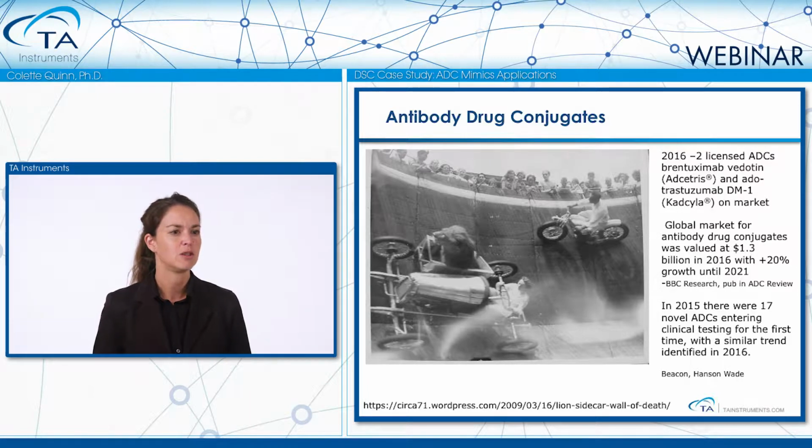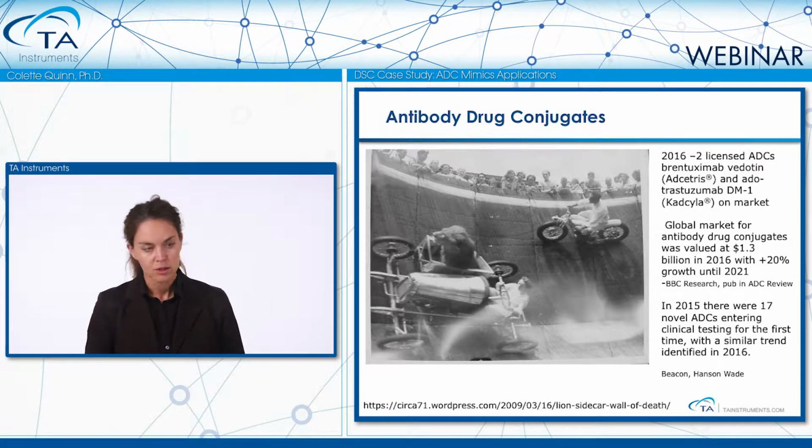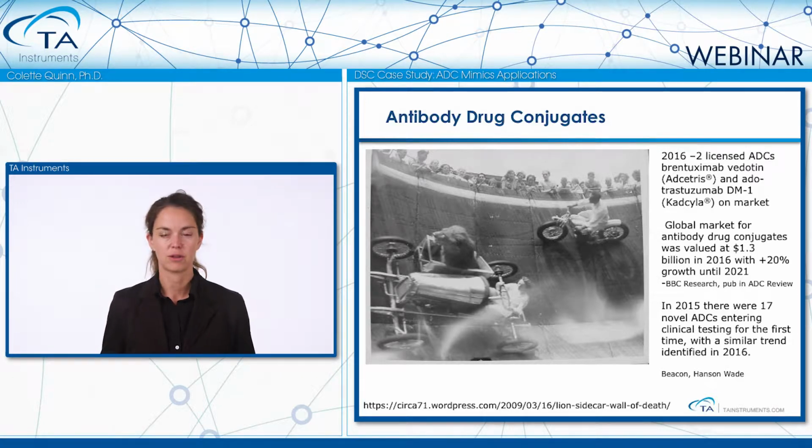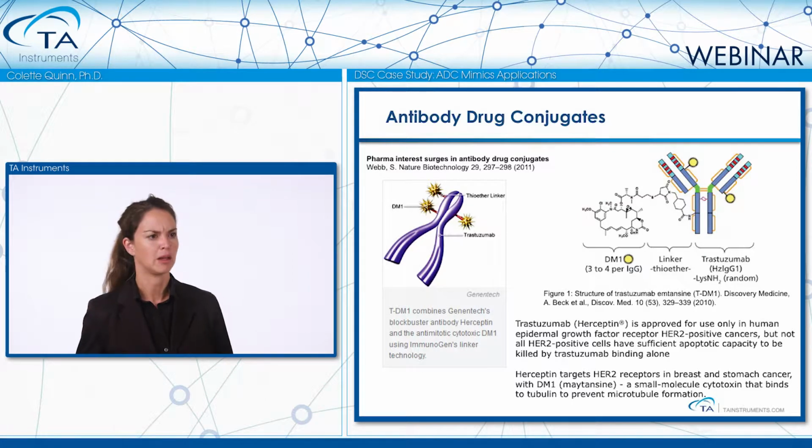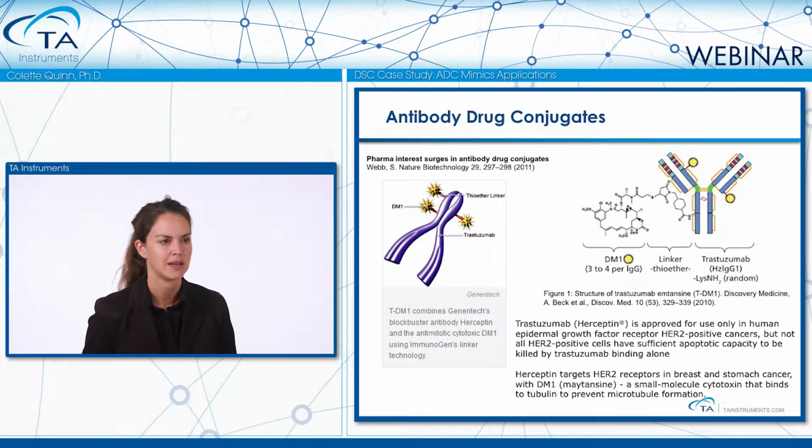In 2015, there were 17 novel ADCs entering clinical testing for the first time, with a similar trend identified in 2016. So definitely there is a demand for these drugs, and they are being developed by the pharmaceutical companies. Now let's actually look at a cartoon drawing instead of the lion in the sidecar. What does an ADC look like?